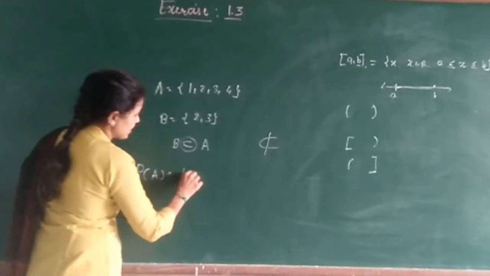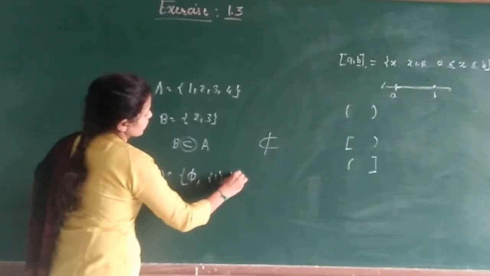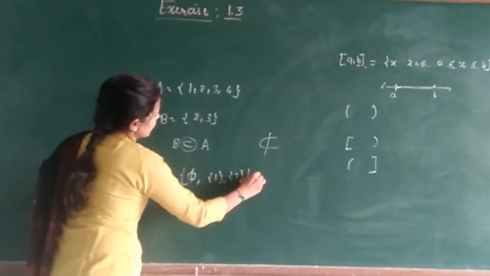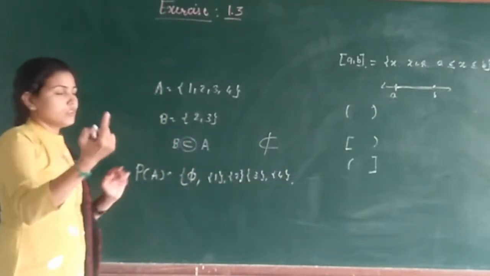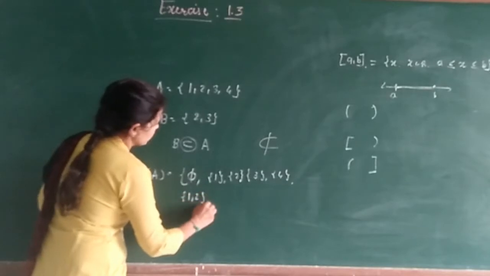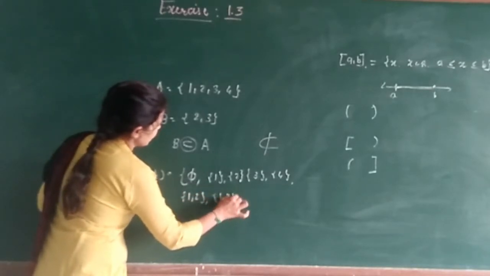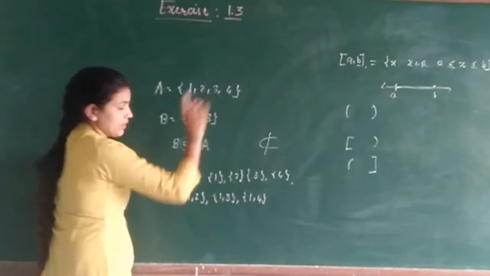So the first subset is the empty set, then write down all the singletons like 1, 2, 3 and 4. Then write down all the doubles, that is 2 elements, like 1 2, then 1 3, then 1 4. So all the elements with 1 have come.